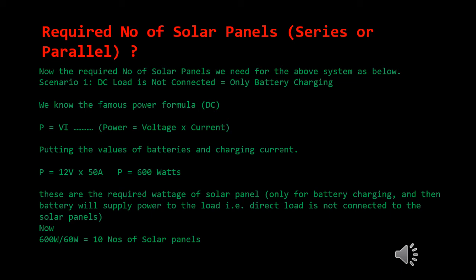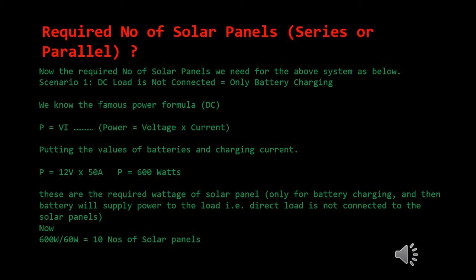Now let's see how we can get the number of solar panels that we need. Our power is 600 watts. So if you decide to purchase solar panels of 60 watts, this is our example, not the real thing. It's up to you to decide which type and size of solar panel you're going to purchase. So our power is 600 watts, divided by the one solar panel I have decided to buy, which is 60 watts.